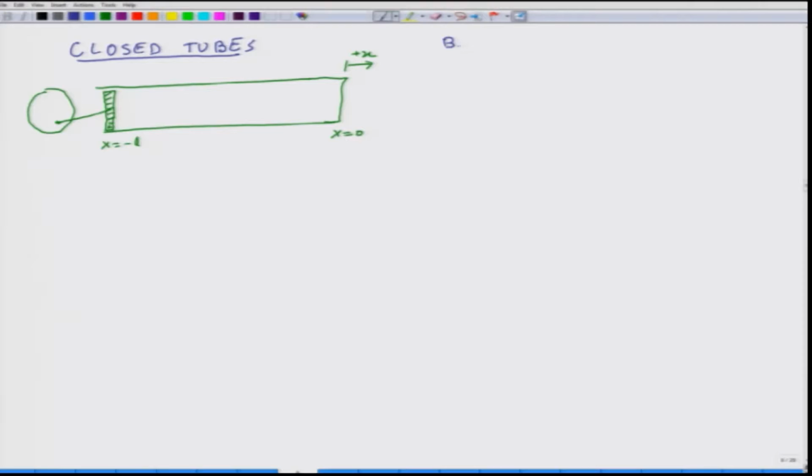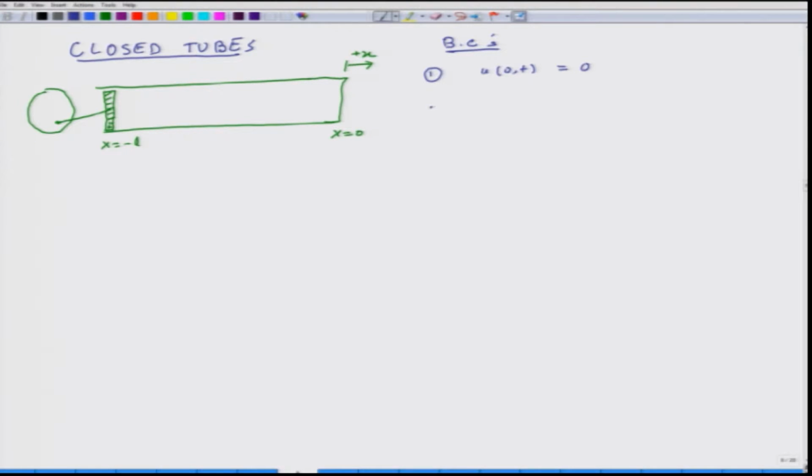So, what are these boundary conditions? The first boundary condition is that u is 0 at x equal to 0 at all times. Why? Because it is a closed boundary, no air can go out or come in. So, air is stationary at the boundary, and velocity is 0 at this end.